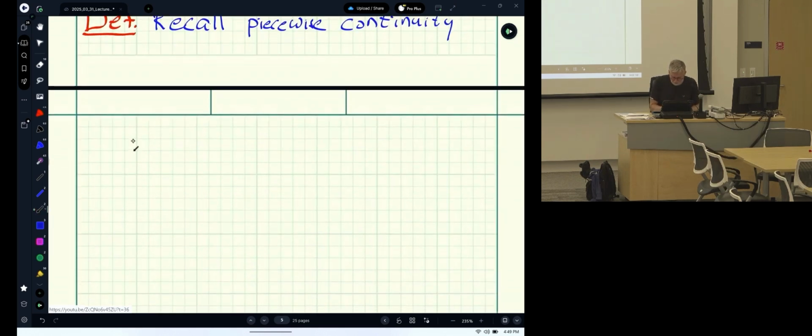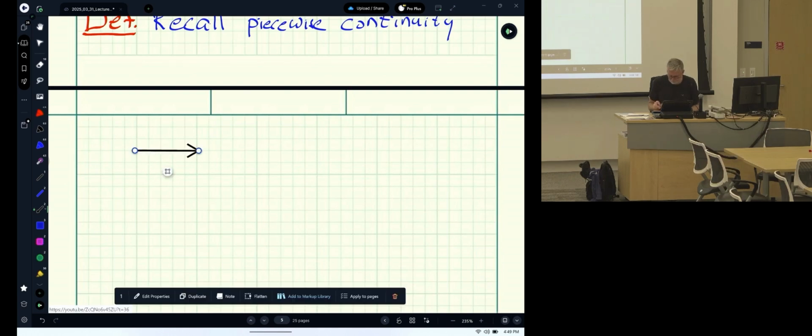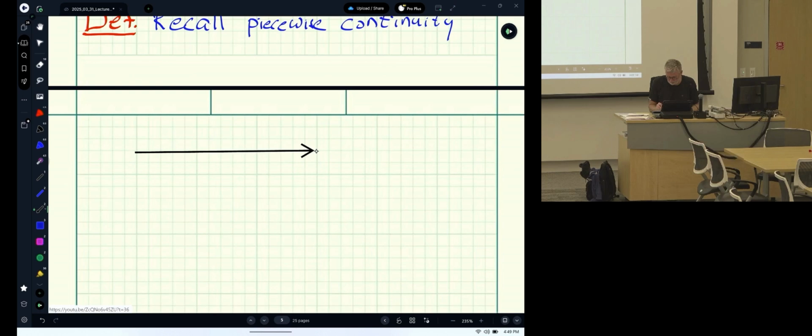Draw the picture, then I'll write down the techniques, and you guys will go, oh yeah, I remember that. So I'm going to draw the function to be right-sided.